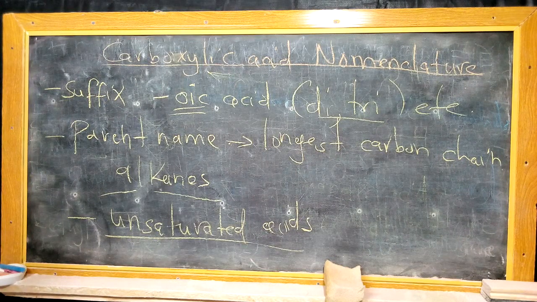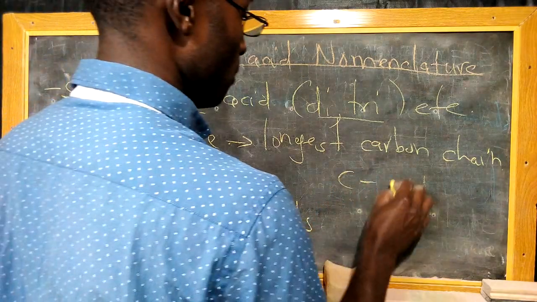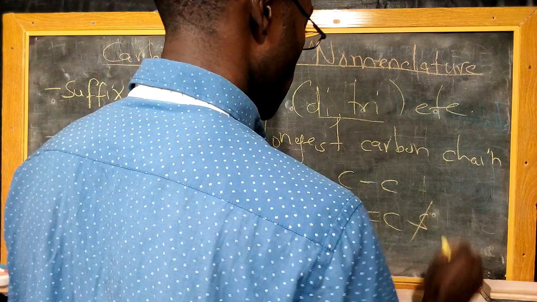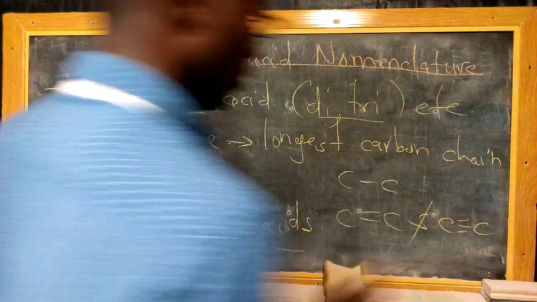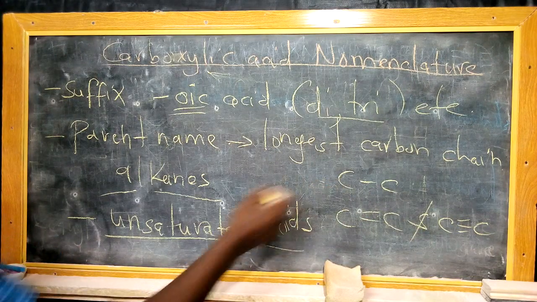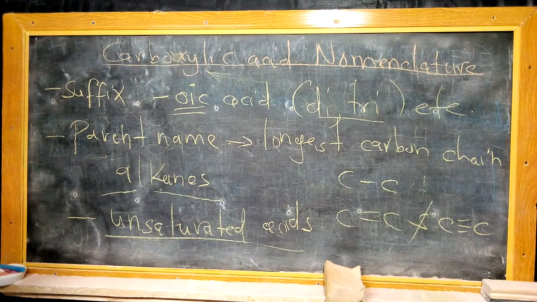Looking at single bonds and double bonds in the carbon chains that we have looked at, for double and triple carbon bonds we call these unsaturated, and for single carbon bonds we call them saturated.